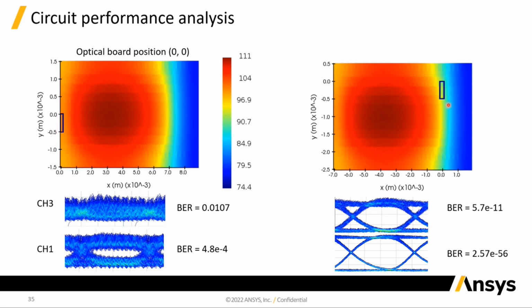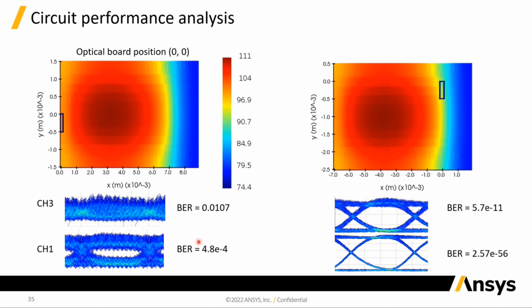Next, we shift by 7 mm in the x-axis and 1 mm in the y-axis, which is a cooler location compared to the previous location. There is an 8 degree Celsius difference between the two places, and we compare the performance.